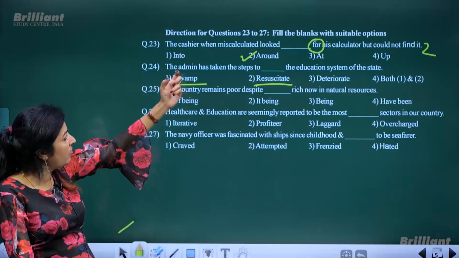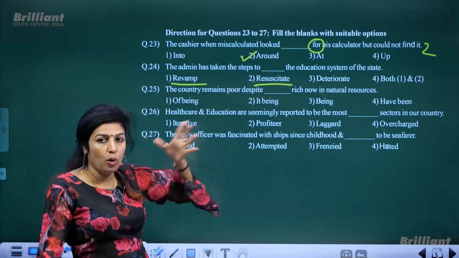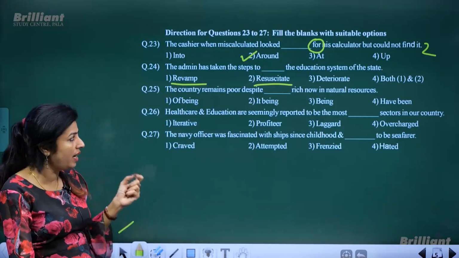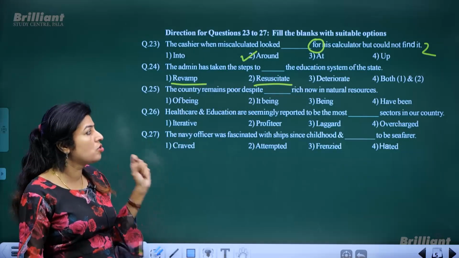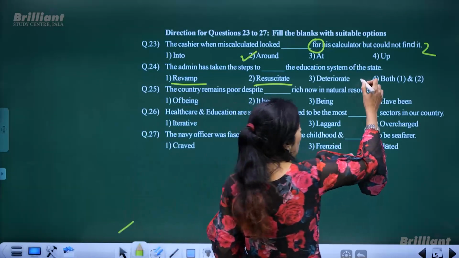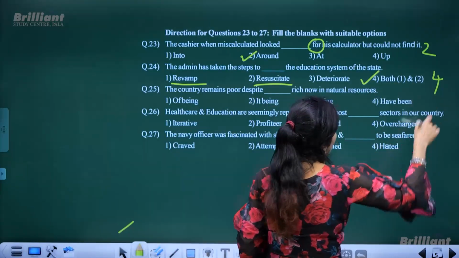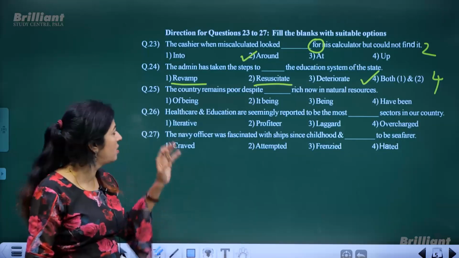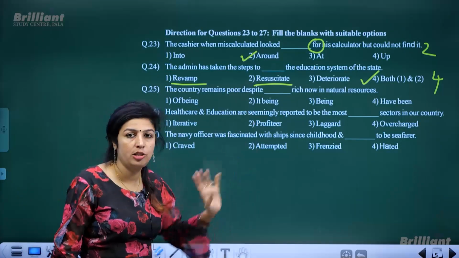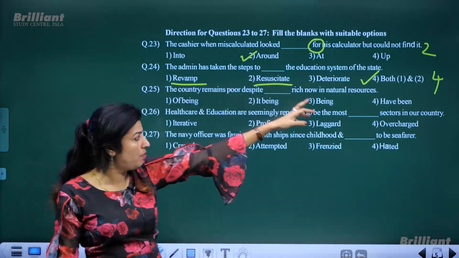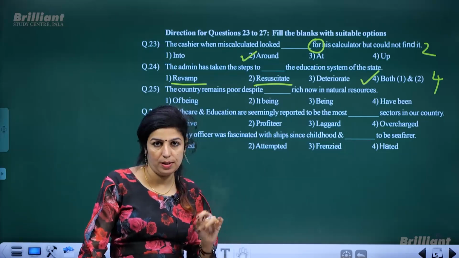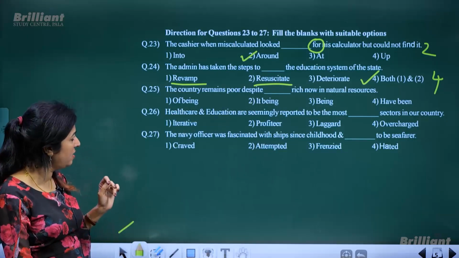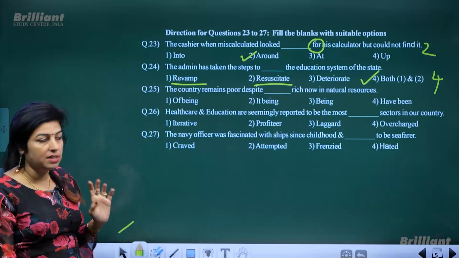Since we have revamp and resuscitate, both similar in meaning, with slight differences, revive, renew and refresh, in that sense you can take 4 as the correct answer. Both the words revamp and resuscitate should be taken. So option number 4, both 1 and 2. Next, here also you may get a bit confused.